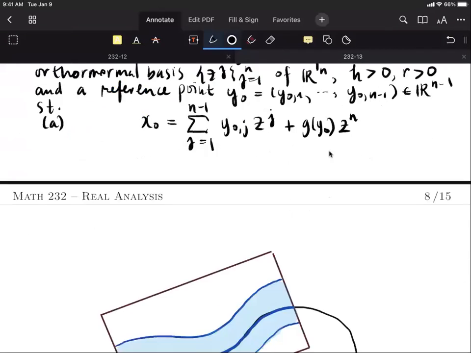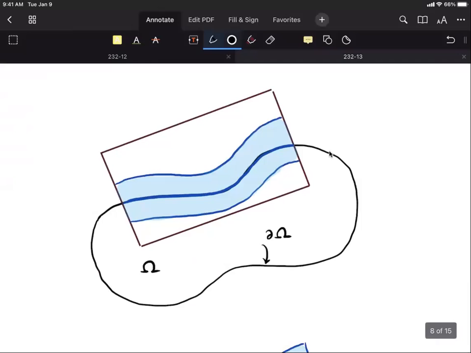So to visualize this, consider this domain omega, and the black region here is the boundary. So this is the situation where, of course, n is equal to 2. So consider this portion of your boundary colored in blue, and consider the center, okay, x naught of this curve that lies on the boundary.